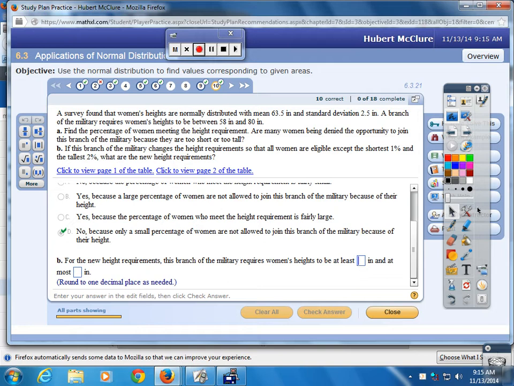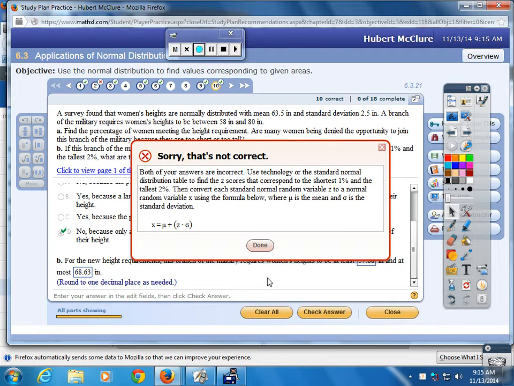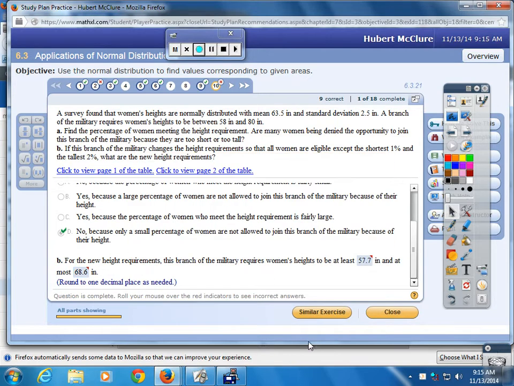That'll be my new excuse. Okay, say again. 57.68 and 68.61. There's round to 1 decimal place. So again, I'll be lenient with y'all on that.